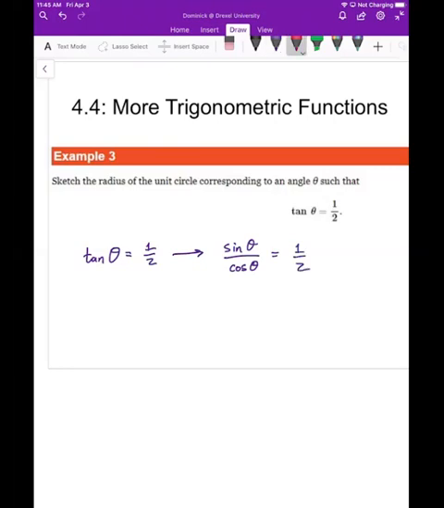Now, if we cross multiply, we could say that cosine is equal to 2 sine of theta, right? So now we can use this relationship to help us figure out what the radius is going to be, right?